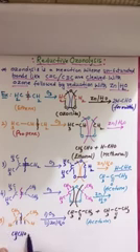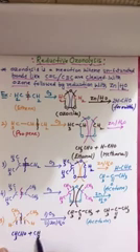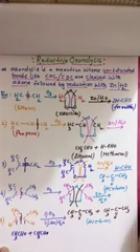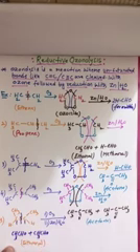CH3 CHO plus CH3 CHO, which is ethanal. What is the product name? Ethanal, 2 moles of ethanal. That is an aldehyde.